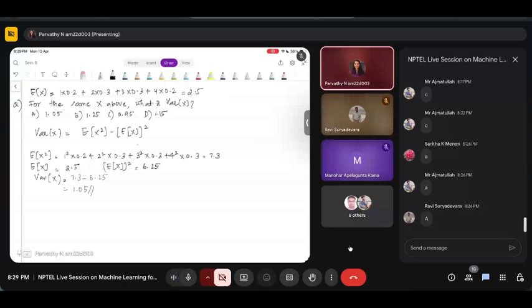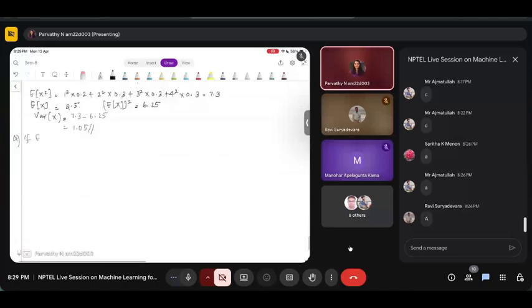If expectation of X is equal to 3, what is expectation of 2X plus 5?